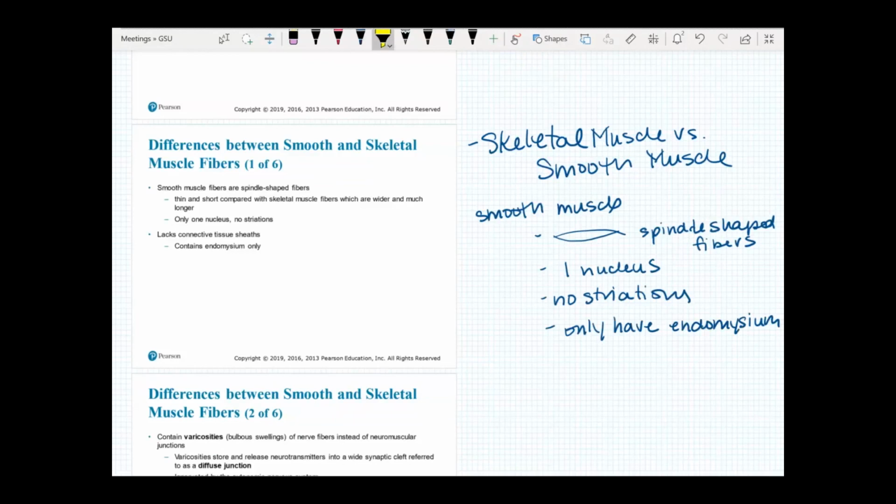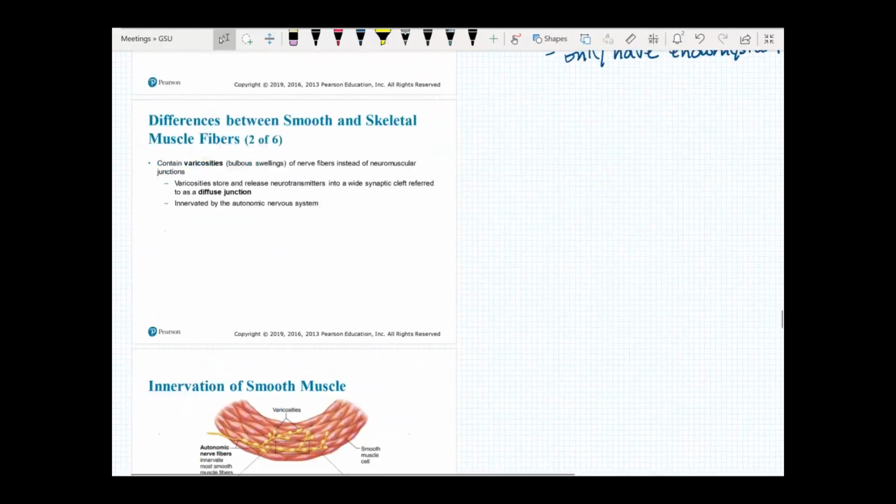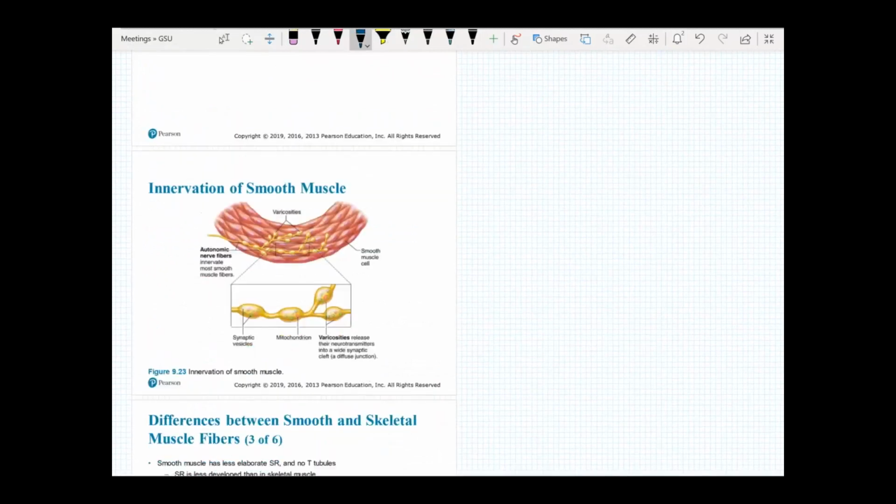So this is how skeletal muscle will differ from smooth muscle. And then it will also have something called varicosities, or bulbous swellings, instead of a neuromuscular junction. So to show you what that looks like, down here, this is your smooth muscle. You can see how this is one of my muscle fibers, inside it is my one nucleus.